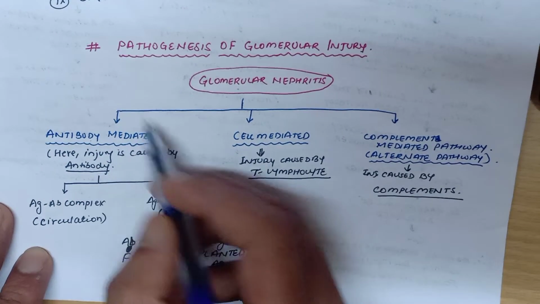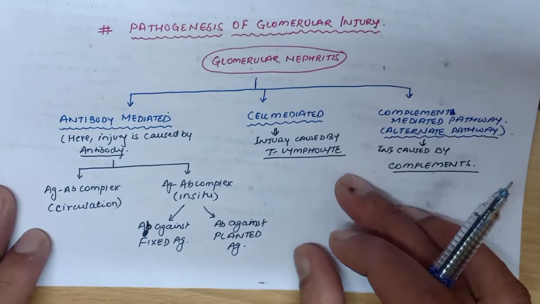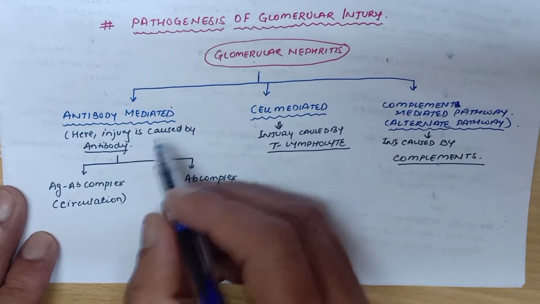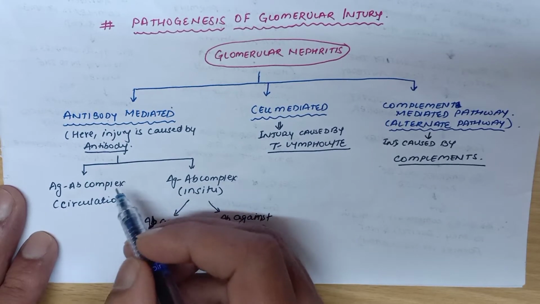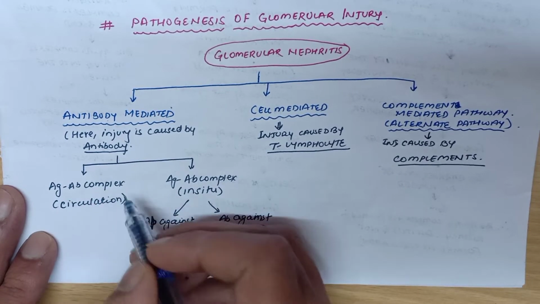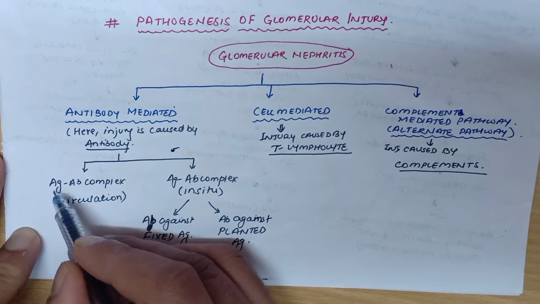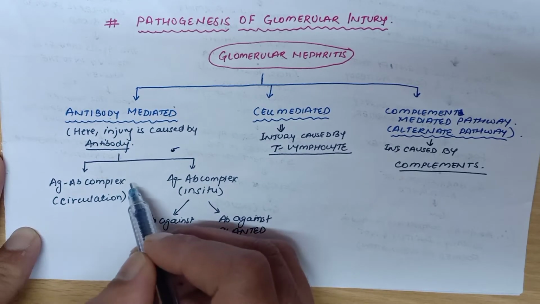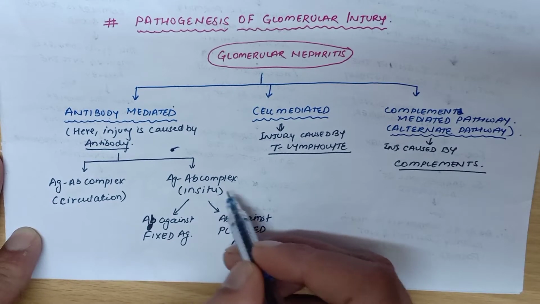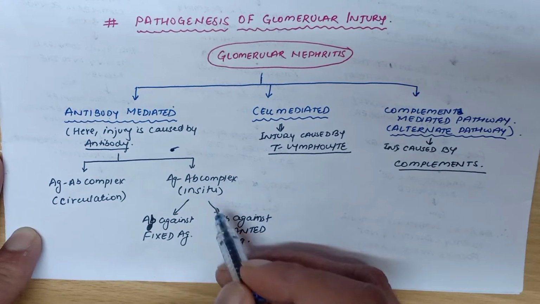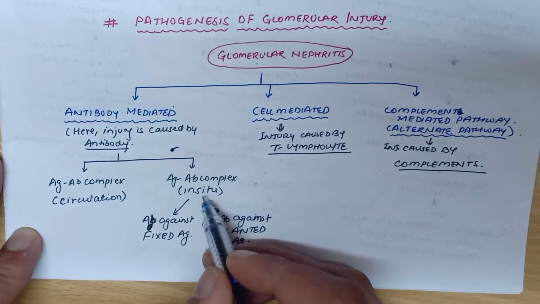Now coming to antibody mediated injury to glomerulonephritis, antibody combines with an antigen to form an antigen-antibody complex. Whether antibody-antigen complex formation is occurring in the circulation, or if antigen-antibody complex is forming inside the kidney, then it is in situ.